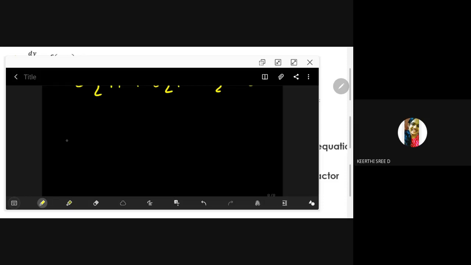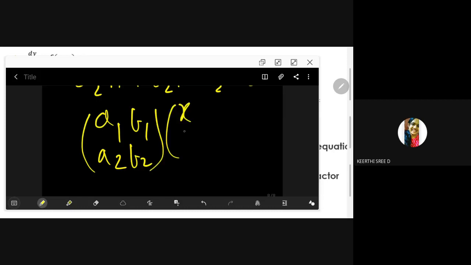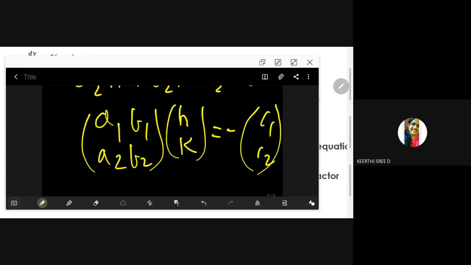So you have a1 b1, a2 b2, h, k, they are the variables here, is equal to minus c1, minus c2. That's all.